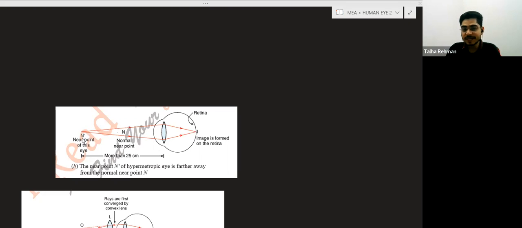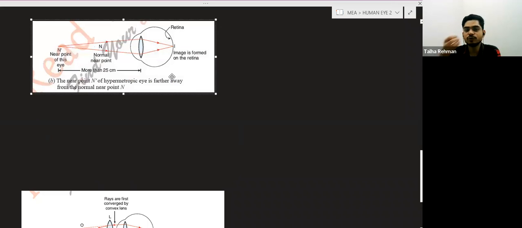If this eye wants to see an object which is at the near point of the hypermetropic eye, then the image will be formed on the retina, and this eye will be able to see the object clearly. This thing will be used to correct the hypermetropia.